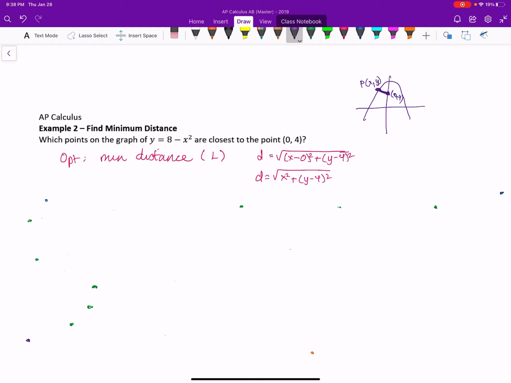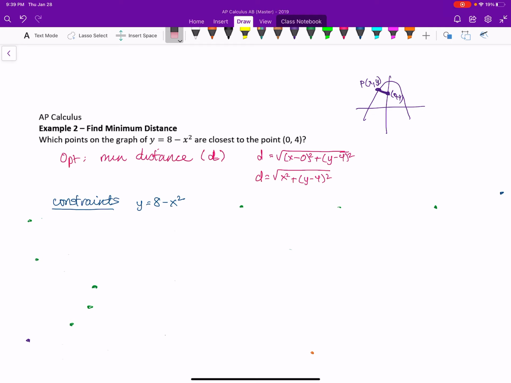So that's why I'm using the distance formula. Oh, and maybe I should change it to D then for distance there. All right, so then we have the constraint, y is equal to 8 minus x squared.